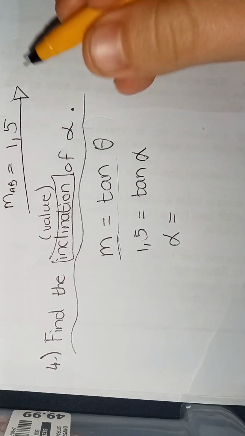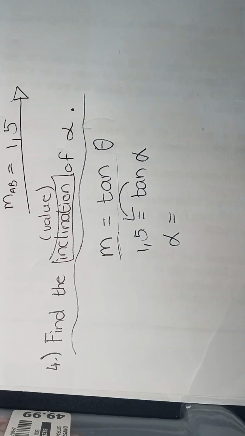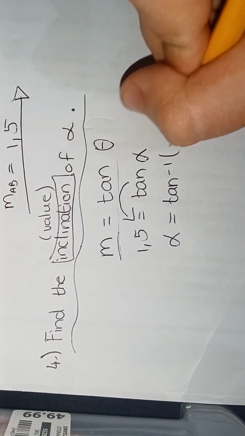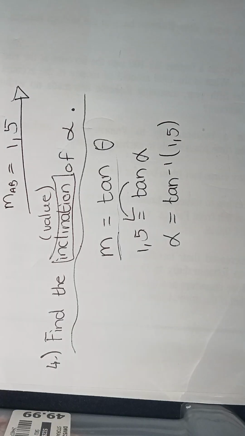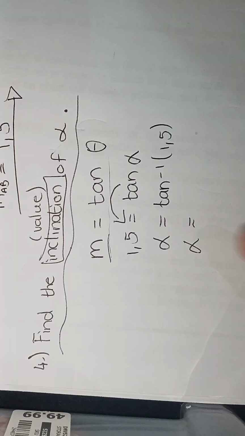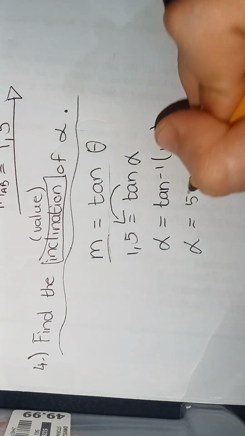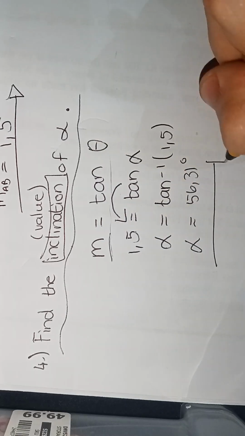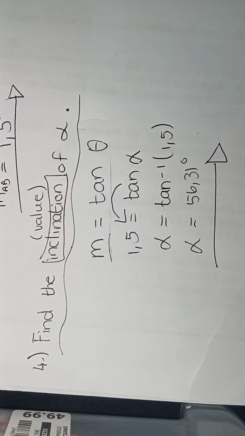We want alpha alone, so we take tan to the other side. So it's going to be the inverse of tan 1,5. That means that alpha has a value of 56,31 degrees.